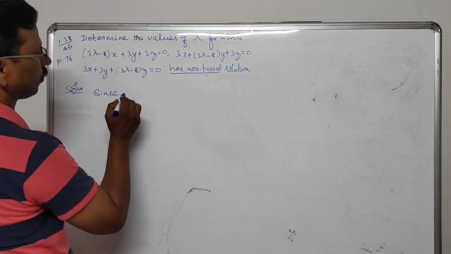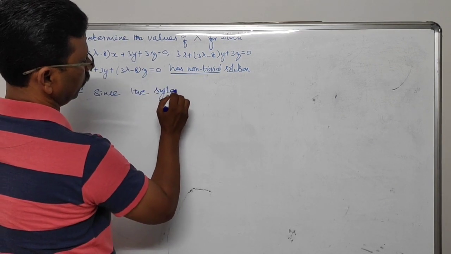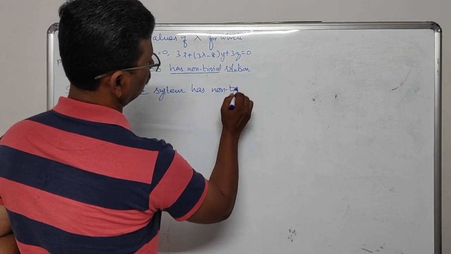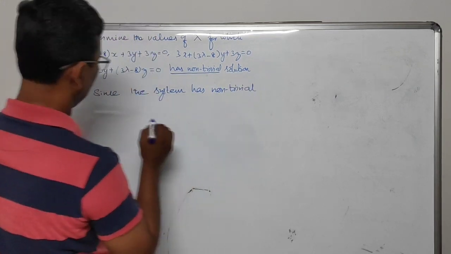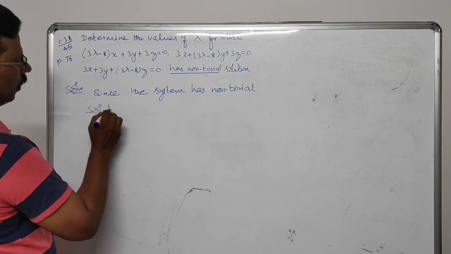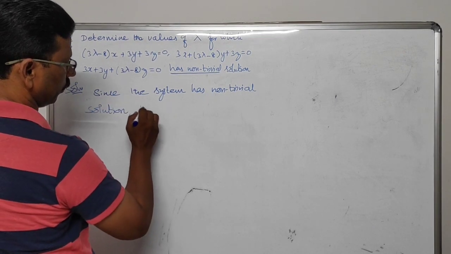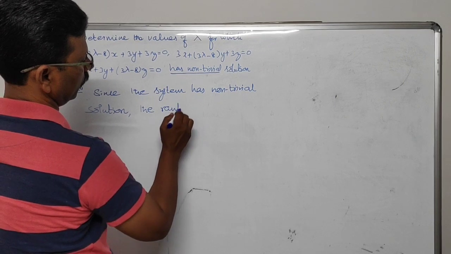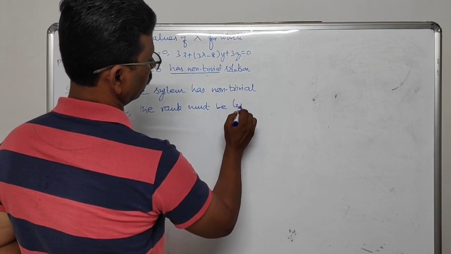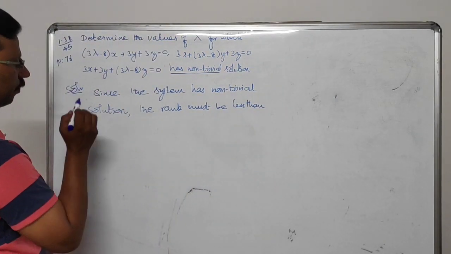Therefore you can say, since the system has non-trivial solution, the rank must be less than 3.